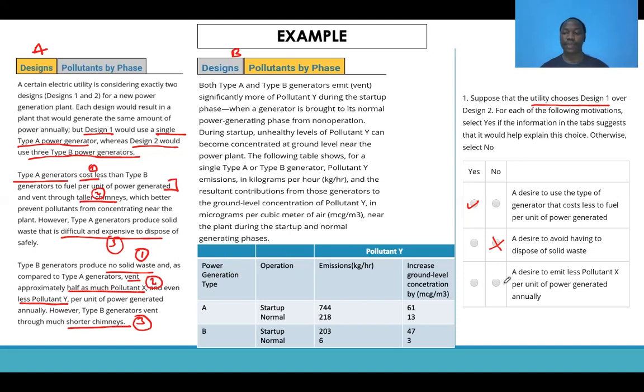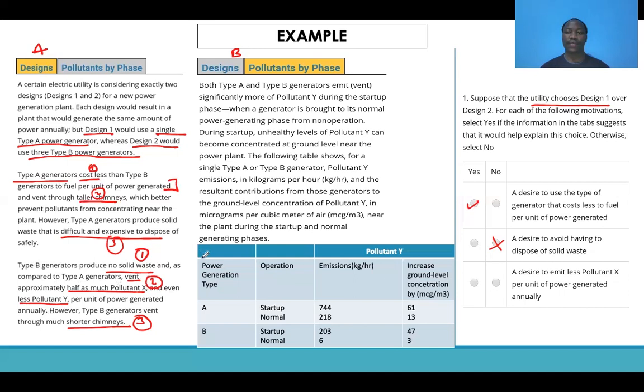All right. Then last choice, a desire to emit less pollutant X per unit of power generated annually. Again, that quality is associated with type B generators, where we find in the third paragraph which says type B generators vent approximately half as much pollutant X and even less pollutant Y than does type A generators.